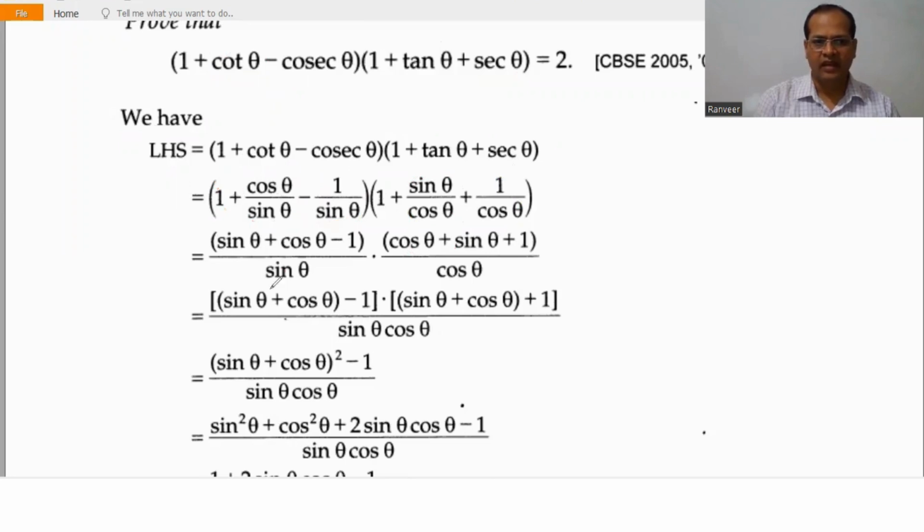Now here sin²θ plus cos²θ, and here also sin²θ plus cos²θ. So just we have to write in the same order, sin²θ plus cos²θ, this is minus 1, and this is nothing but (a plus b)(a minus b).